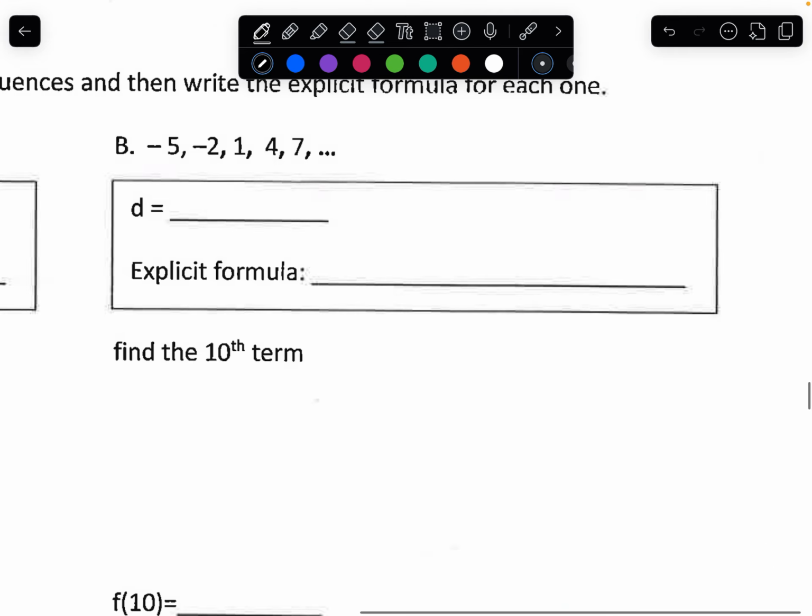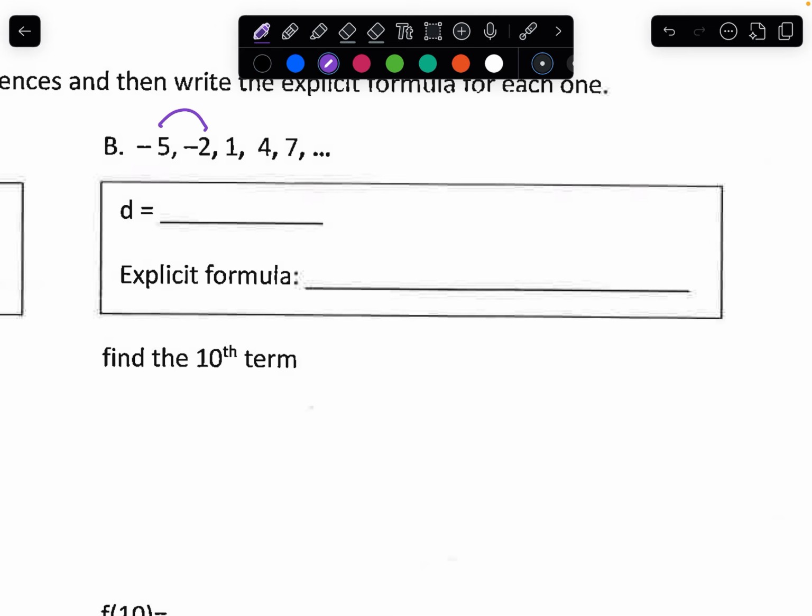Okay, I'm going to show the shortcut for B. So all we have to do is first find our common difference. So we are adding 3 every single time. And so to get my 0 term, I'm going to go backwards. So instead, I'm going to subtract 3 to get negative 8. And so we'll write in function notation.